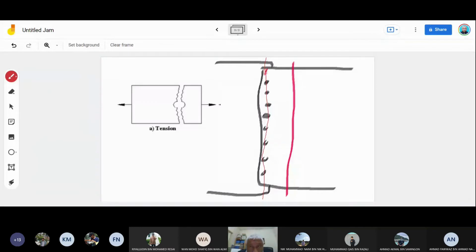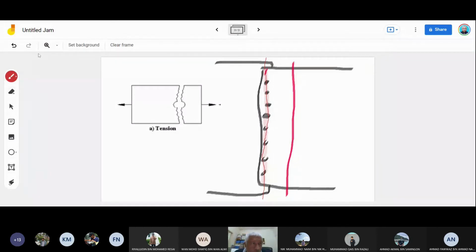So we have a hole here, here, here, and here, and here, and here. So we need to minus the hole because there is no longer any material there.